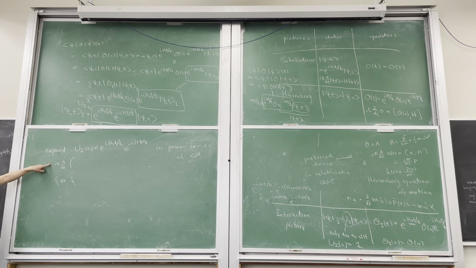Now, of course, if you differentiate it and integrate it, you're supposed to get back the same thing. But if you do it this way, you find a convenient expression that is useful for the power series expansion in delta H. It sounds like a trivial thing to do, but you see how that actually works.